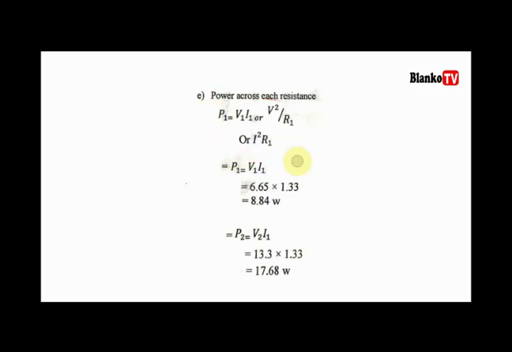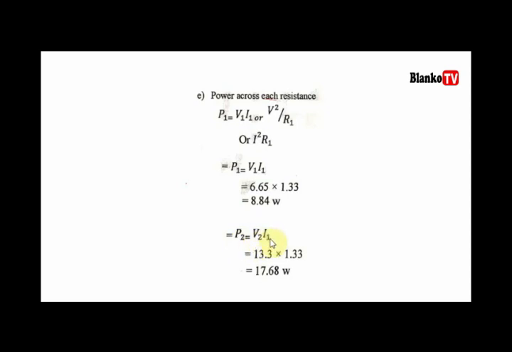Since I'm calculating P1, the power for resistor R1, I'll say P1 equals V1 times I1. The V1 we calculated was 6.65, times our current, which is 1.33. When you multiply 6.65 by 1.33, you get 8.84 watts. Our P2 is also equal to V2 times I1.